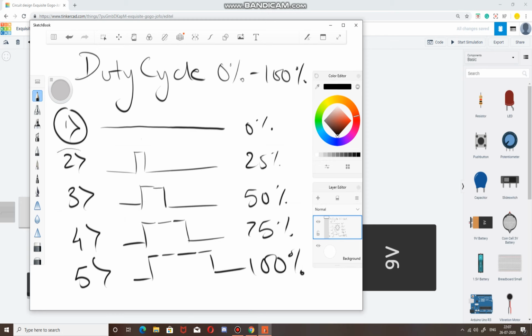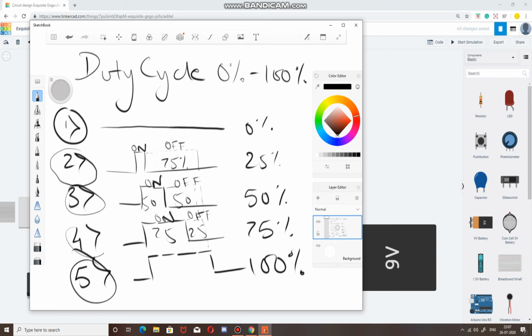But if you give number 2, the 25% duty cycle waveform, the transistor will be on for 25% of the time and then off for 75% of the time. Similarly in the third one, it will be on for 50% and off for 50%, and it goes on like this. This is 75, off for 25. But in the fifth case, it's not off, it's completely on.